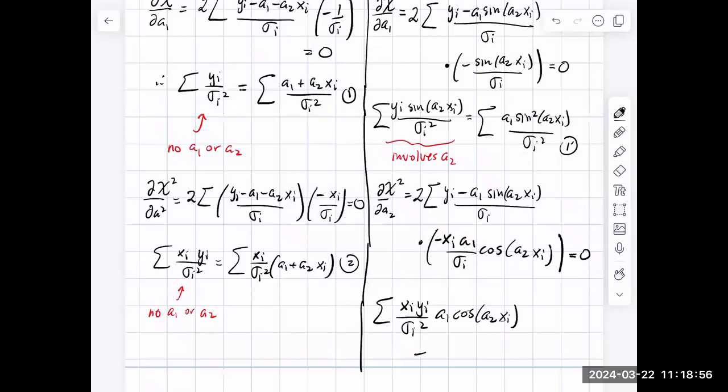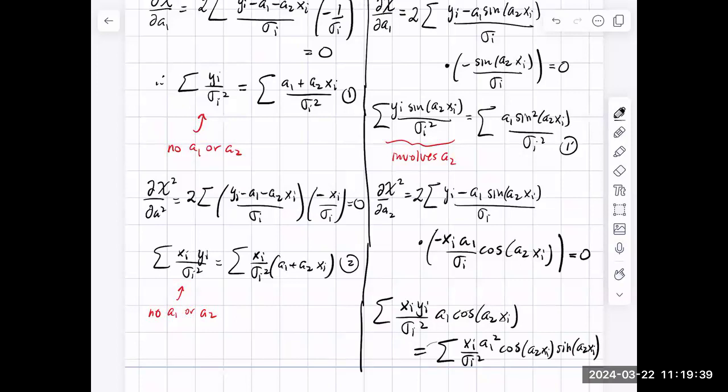Okay, and that has to be equal to, let's see, it's going to be equal to a bit of a mess. So we're going to have the minus signs cancel. We'll have 1 over sigma I squared. We'll get xi a1 squared, I think. So it's going to be xi a1 squared over sigma I squared. And then we're going to get sine times cos. So cos a2 xi sine a2 xi. What a mess. Okay, but I think that's what it is.